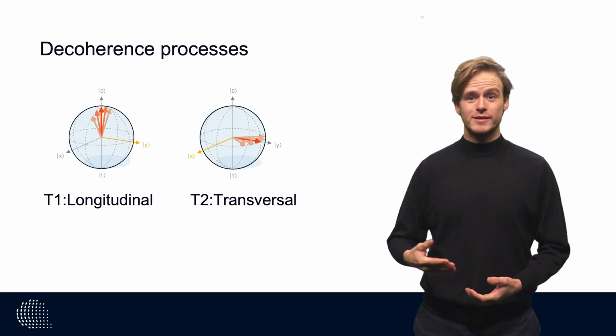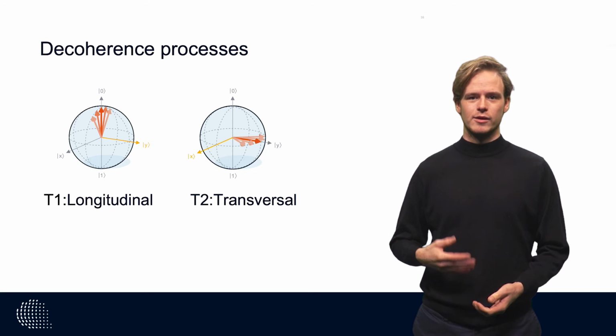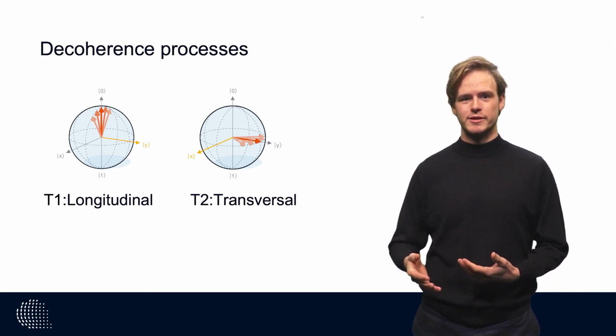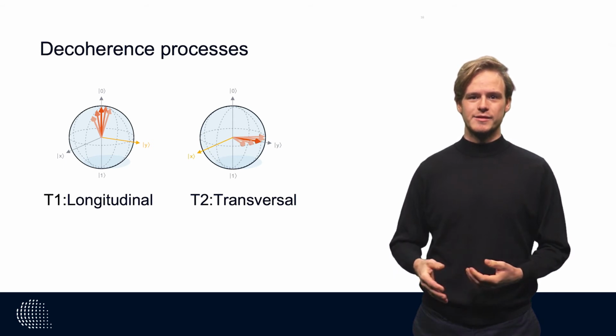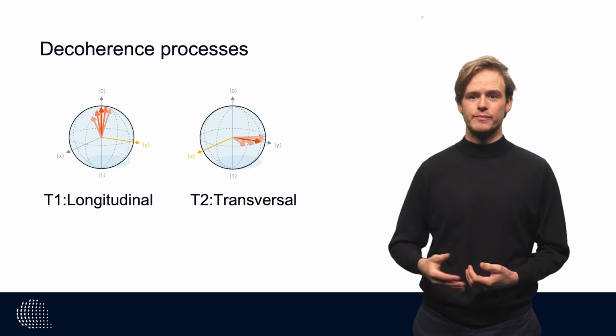There are multiple processes that could influence the lifetime of a qubit. The longitudinal relaxation processes, of which the timescale we denote with T1, and the transversal decoherence processes, which we denote with T2.